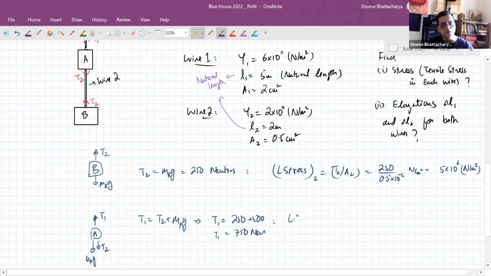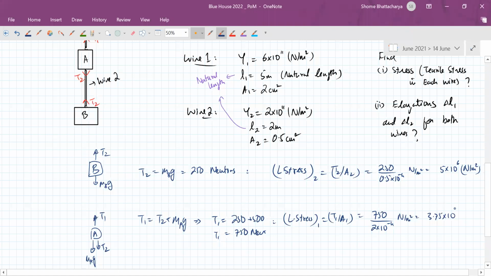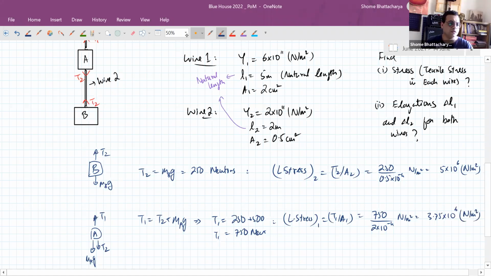So accordingly, the longitudinal stress in the first wire will, according to the data of the question, be 750 newtons divided by 2 centimeters square. So it will become 3.75 into 10 raised power 6 newton per meter square.